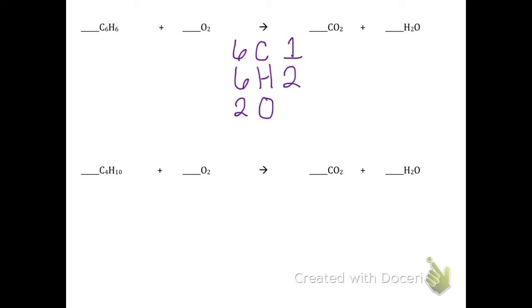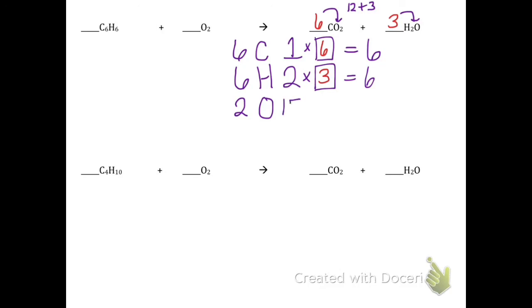Okay, I'm going to fix my carbons. So I'm going to get to 6 by multiplying. 1 times 6 is 6, so that goes here. Now here I can also get to 6 by multiplying. So that goes there. Now I'm going to count my oxygens. 6 times 2 is 12, plus 3 times 1 is 3.